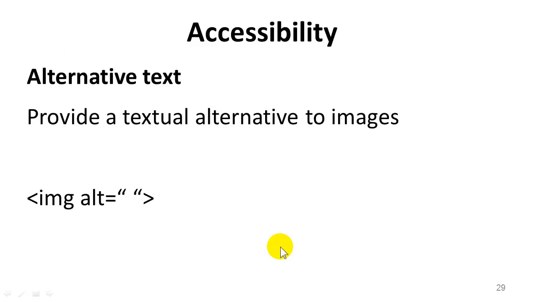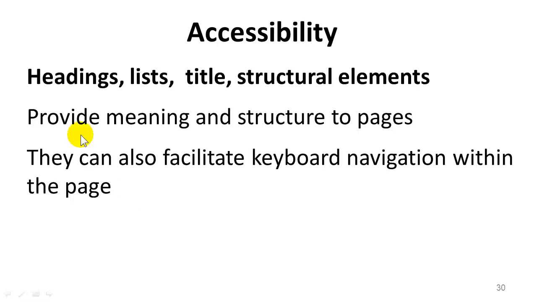Some very basics with respect to the web. The alt attribute on an image element provides a text alternative for screen readers. Use headings, lists, titles, and structural elements. They provide meaning and instruction. They can also facilitate navigation. They are used frequently by programs that read back pages.